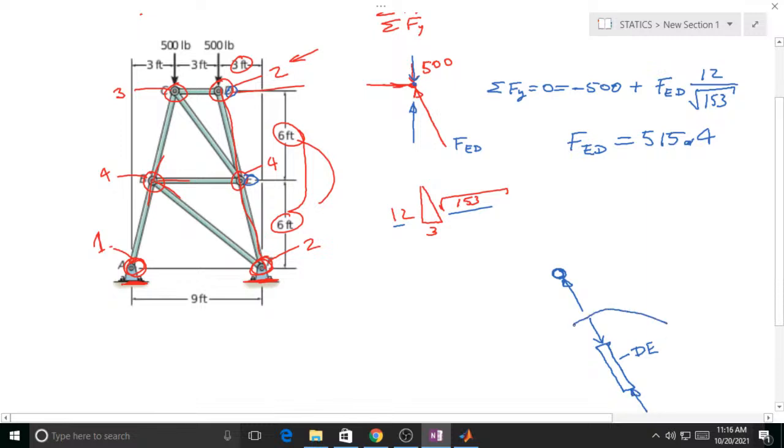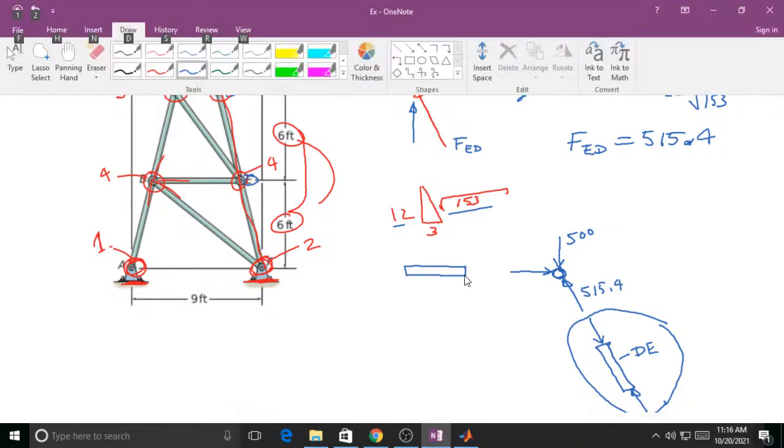If you look at the member itself, there's a compressive load pushing the member that direction. Likewise, this is going to be the case this way too. We'll do that one in a second. 500, 515.4.